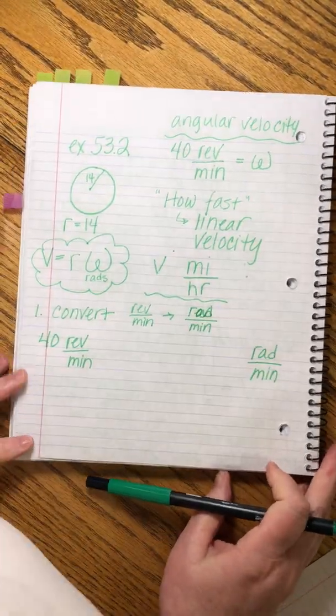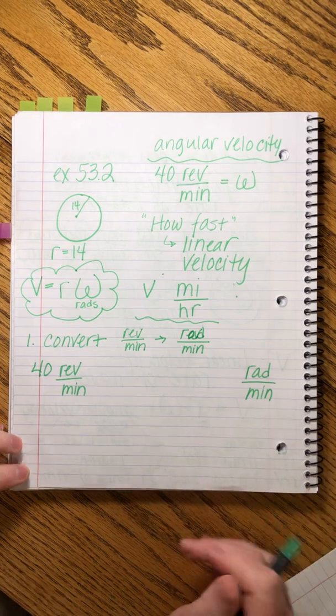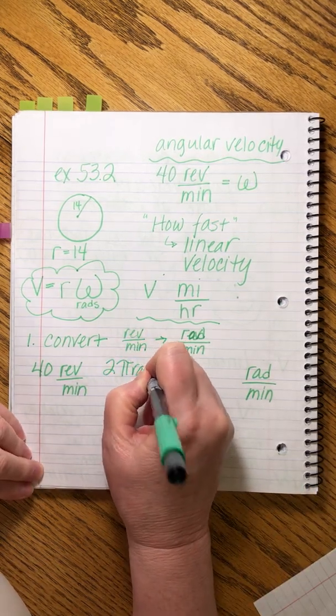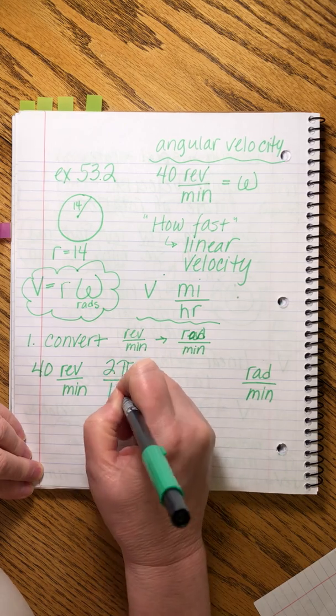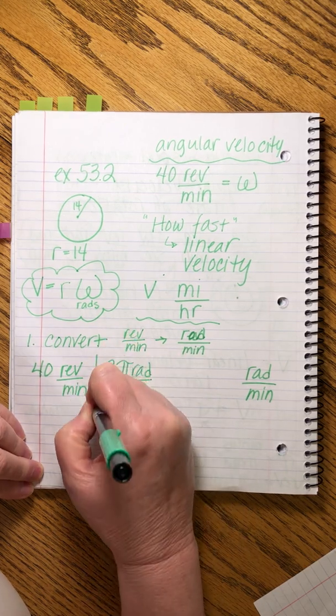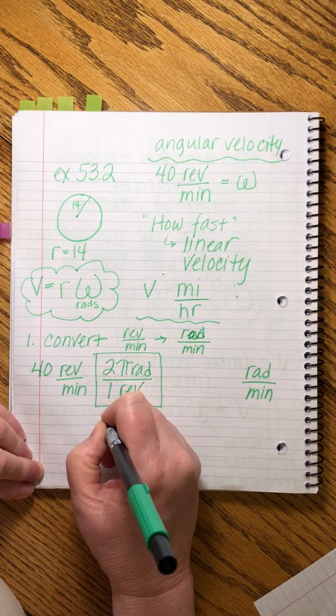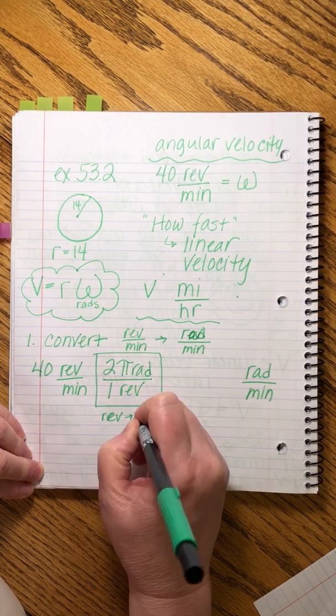So we'll use that to make a little unit multiplier, 2 pi rads equals 1 revolution, that will help us get from revolutions to rads.